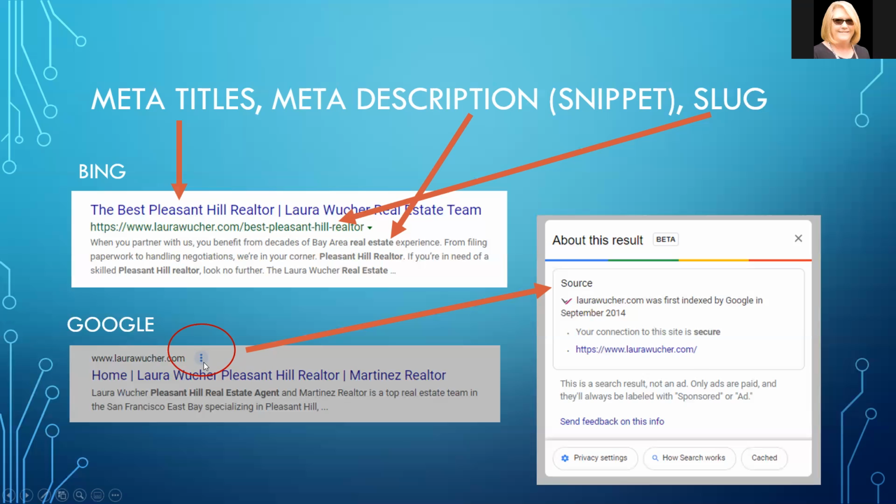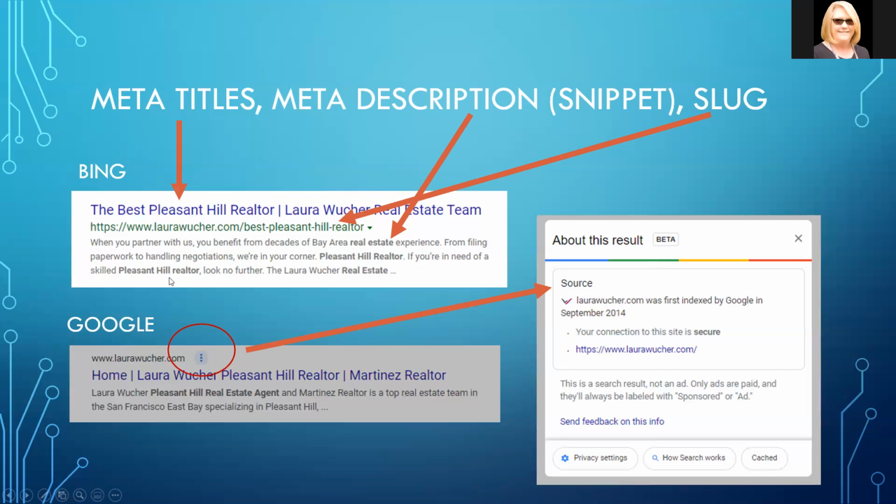When you click on those 3 little dots, this window pops up to give you about this result. So you can also see privacy settings, how search works, cached. You can also give feedback on this info. So this is all really new, and it is still a beta version.